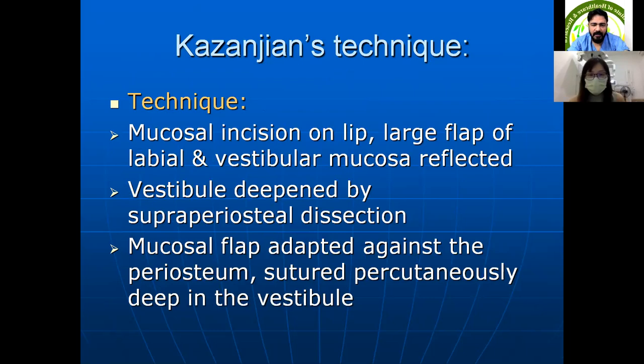The vestibule is deepened by supraperiosteal dissection on both sides. Then the mucosal flap is adapted against the periosteum and sutured percutaneously to deepen the vestibule.